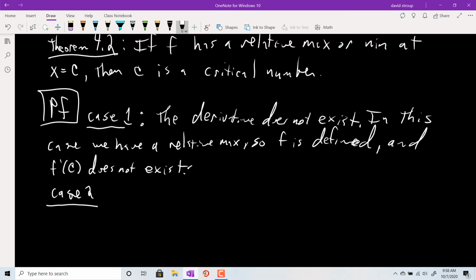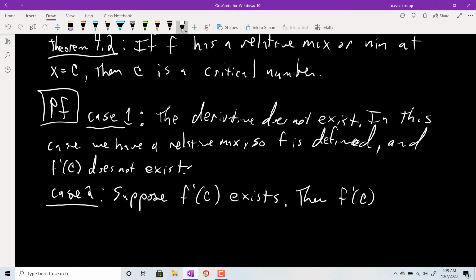Okay, case 2. Let's suppose that the derivative is greater than 0. Suppose f prime of c exists, then f prime of c is greater than 0, or less than 0, or equal to 0.